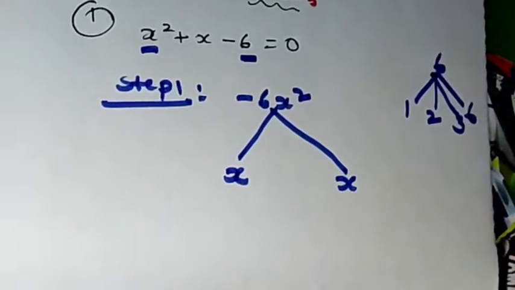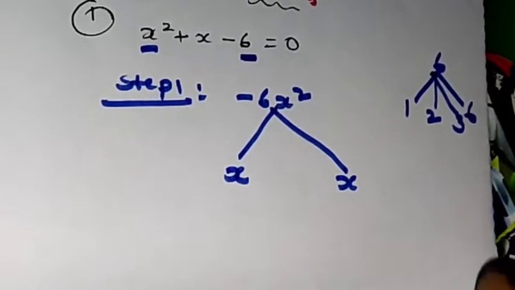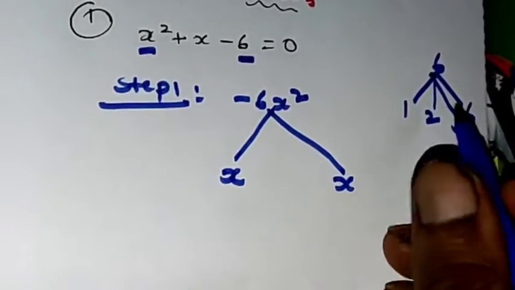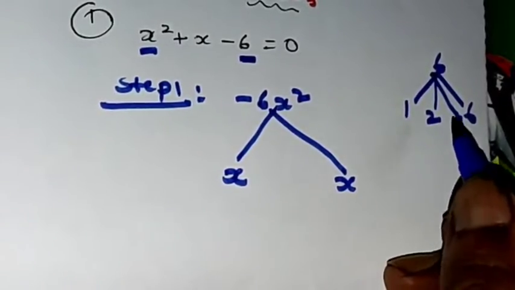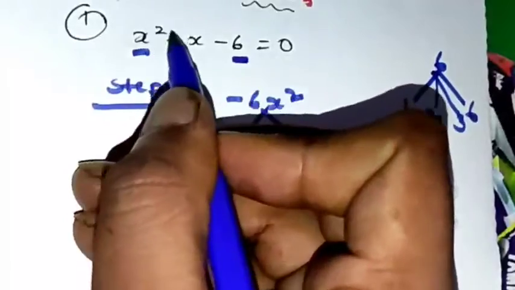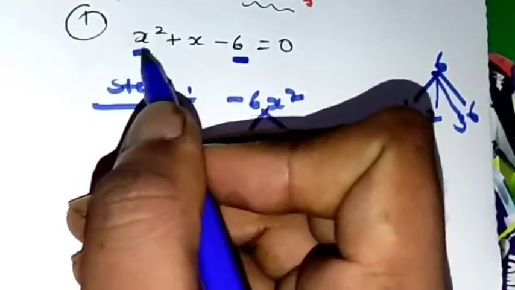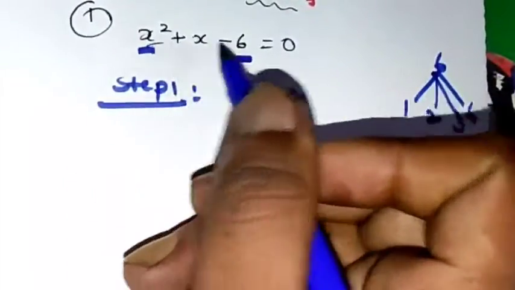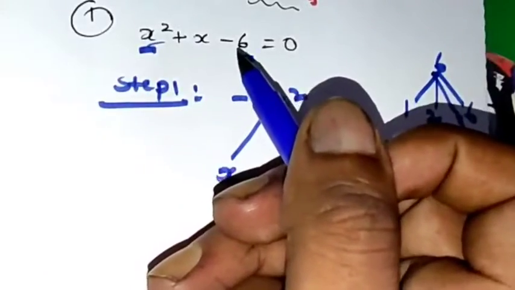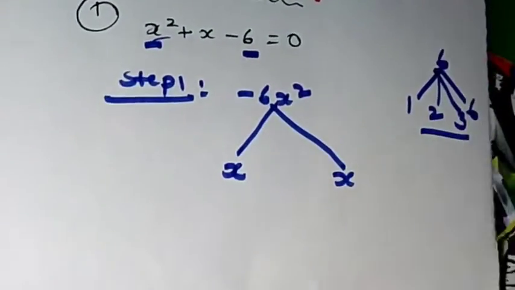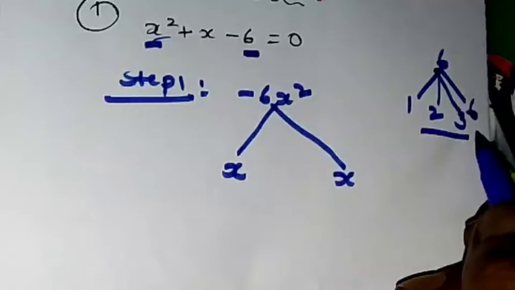These are the factors of 6. Now we have to choose any two factors. Here the power of this equation is 2, that means the equation has only 2 factors, that's why we take any two factors from these.